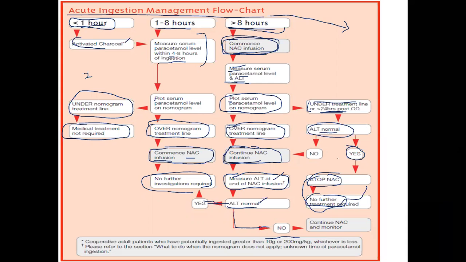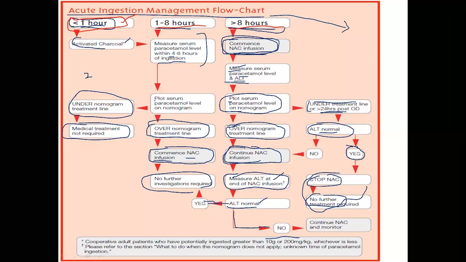So the basic thing which you must know is this: the acute ingestion of paracetamol flow chart works on the time, from the time of ingestion of poison, whether the patient comes within 1 hour, or the patient comes from 1 to 8 hours, or whether the victim is brought after 8 hours.